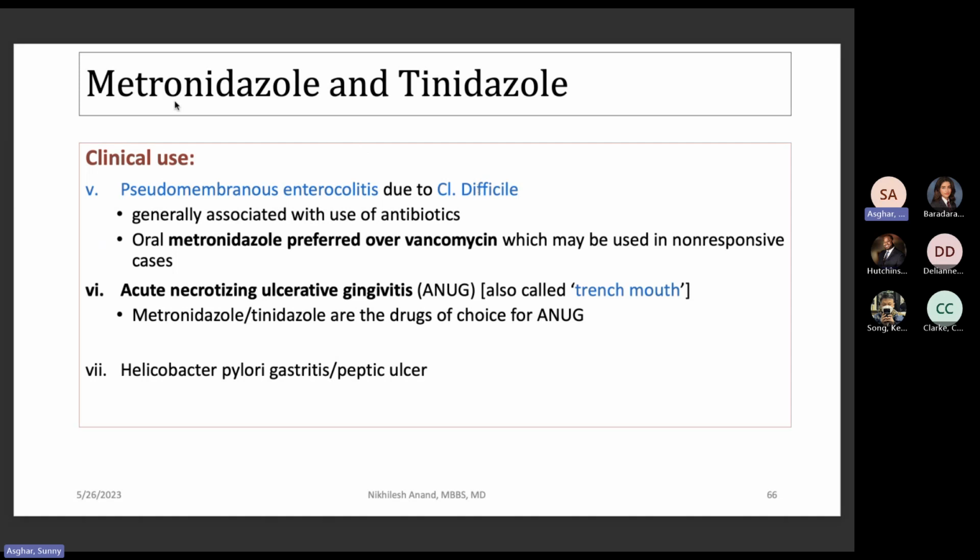We also use metronidazole for that. Sometimes vancomycin is preferred. I don't know if you remember what vancomycin is, but it is part of your glycopeptides, something I listed in the previous pharm lecture.